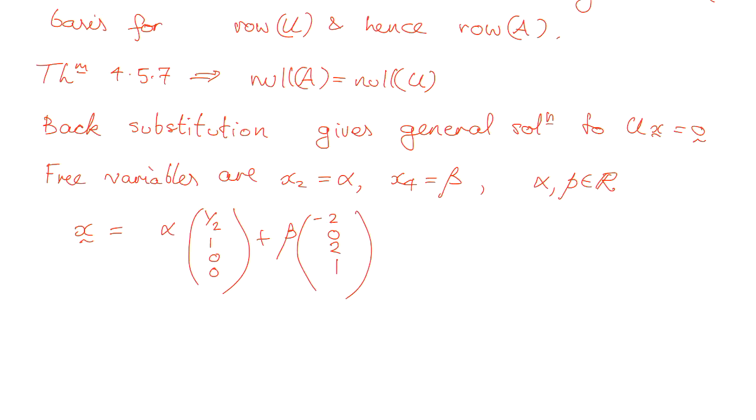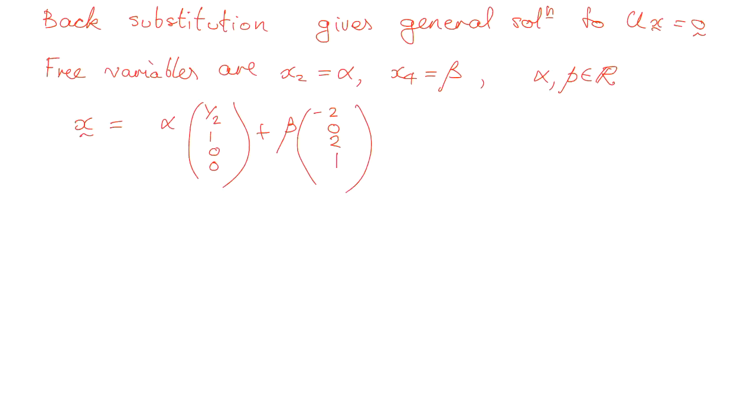I've just separated that solution into the bit that's multiplied by the first free variable and the bit that's multiplied by the second free variable. Okay? There's nothing that we couldn't have done in first year. And now, one thing that's clear now is that these two vectors span the null space, right? Because we've written an arbitrary thing in the null space, which is a general solution to the homogeneous equation, as a linear combination of these two guys.